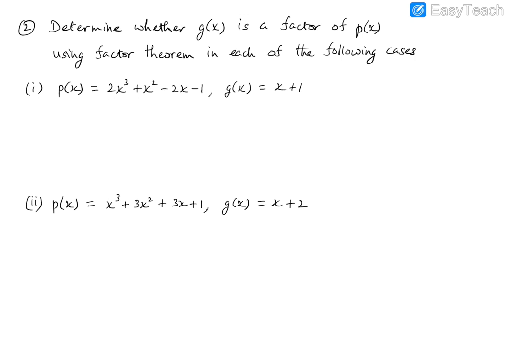So the first thing is we will get the 0 of g of x. The 0 of g of x is found by evaluating g of x to 0, that is x plus 1 equals 0, and solving for x, that gives us x equals minus 1, and we will substitute that value of x in the polynomial.